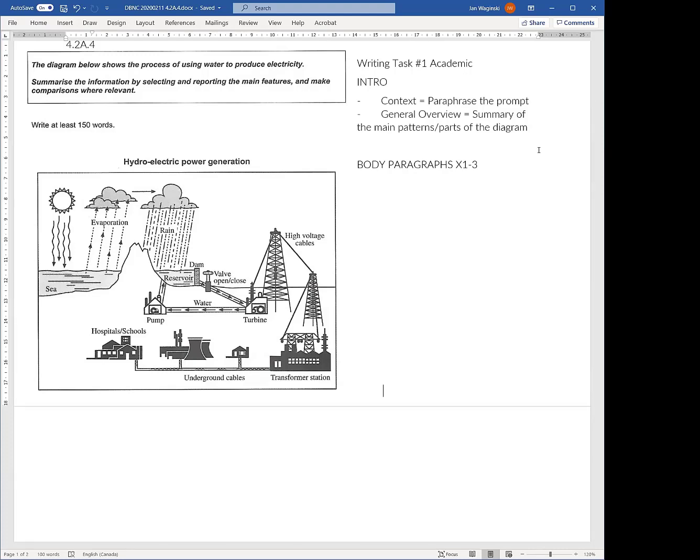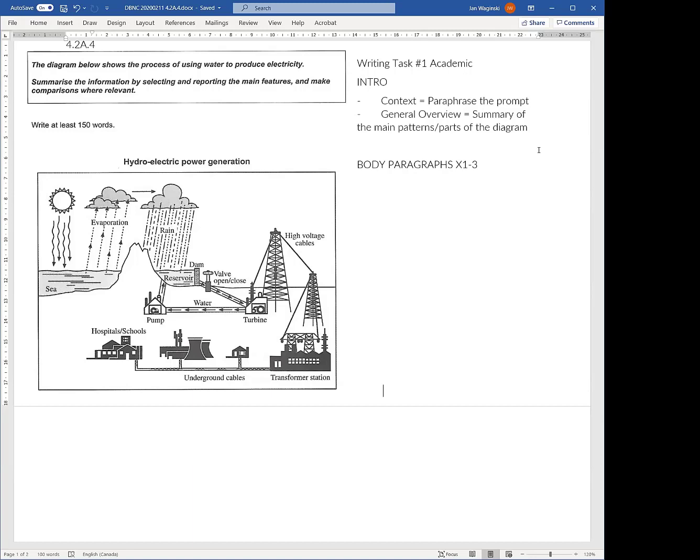And a turbine makes electricity. Yeah, makes electricity, and goes on through a high voltage cable to the transformer station, and from the transformer to the different underground cables.